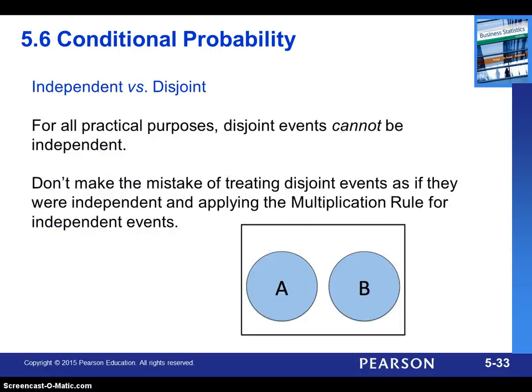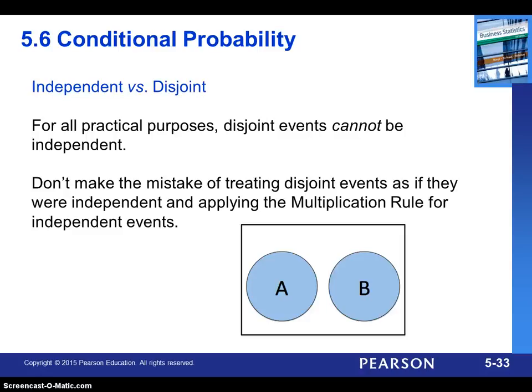Now, this can get a little tricky because people want to use this idea that with disjoint events we can just use the multiplication rule, so we can just multiply the two probabilities.